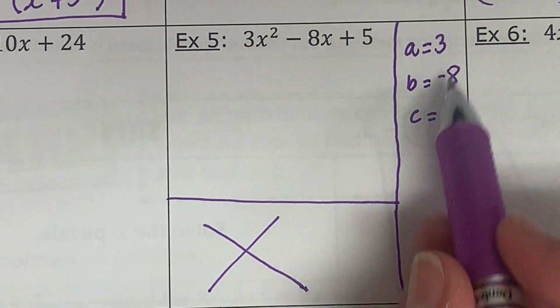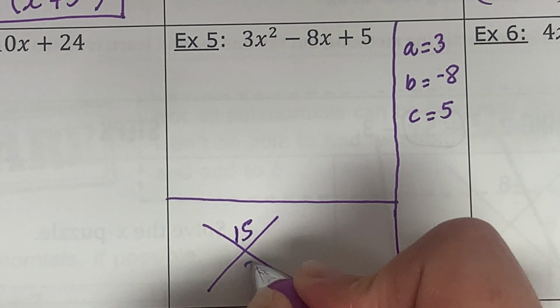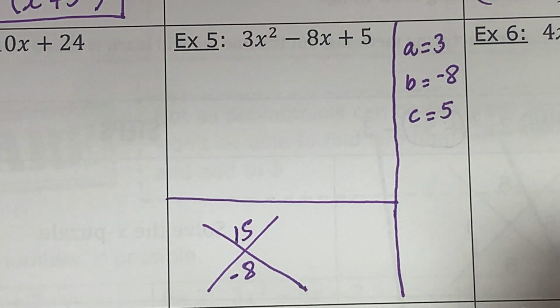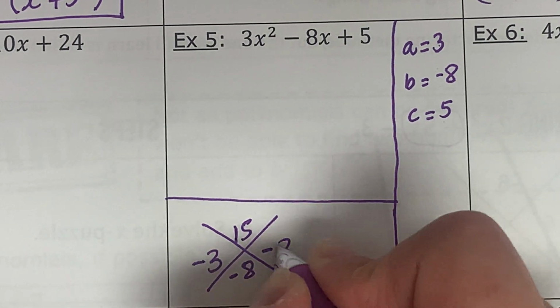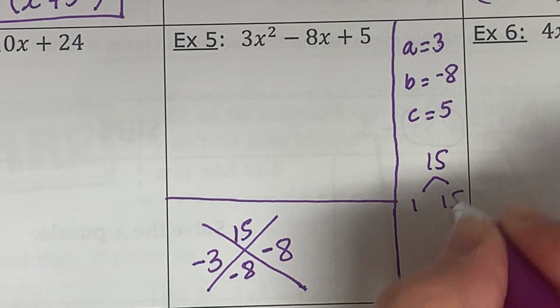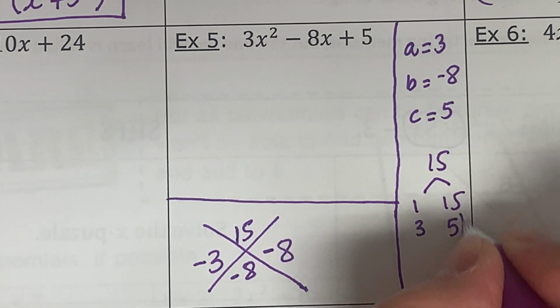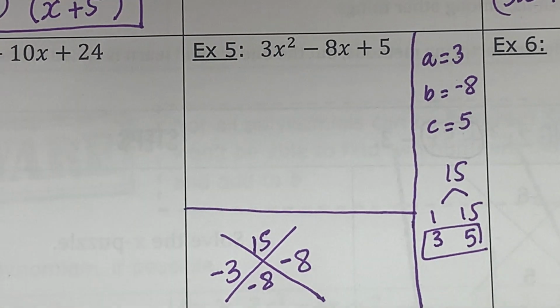So X puzzle is 3 times 5, 15. B is negative 8. It should be negative 3, negative 8. You see, eventually you actually don't need all of this. That's my number.